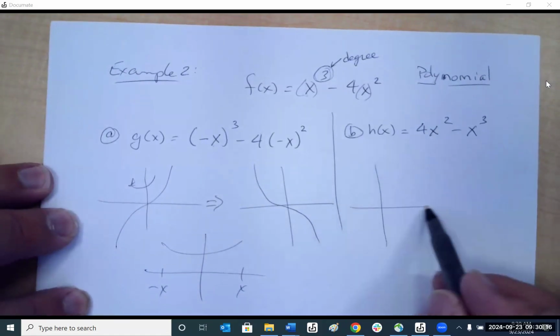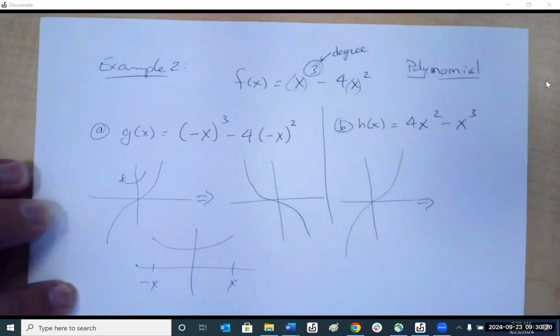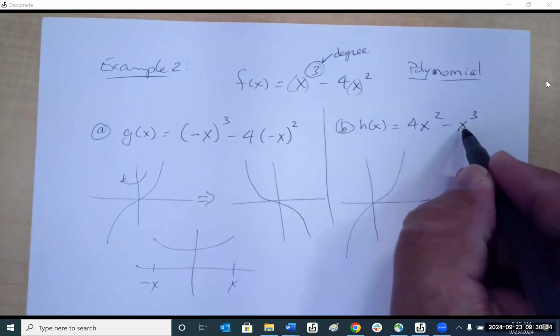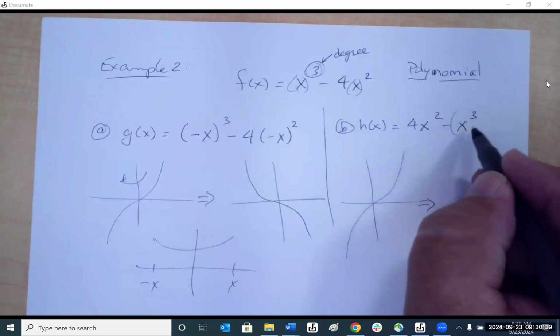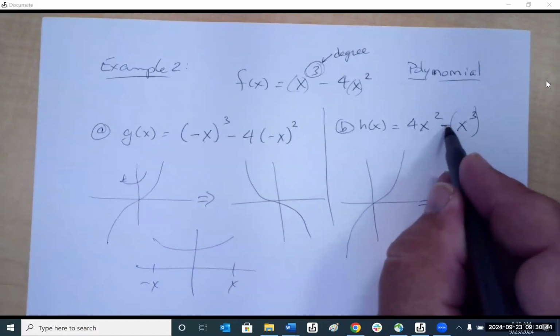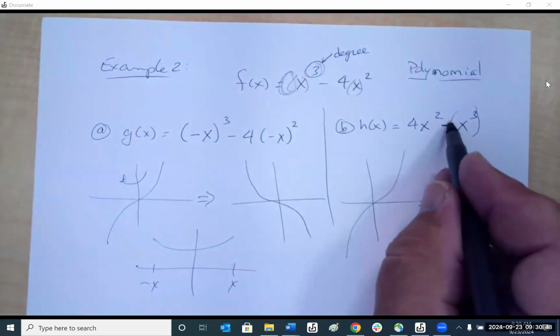Now, here's our cubic function again. What does this one do? Did the x's change signs? What's the only thing you changed? The x didn't change sign. The number in front of x did. This is still one number. So the coefficient of x changed from a positive number to a negative number.